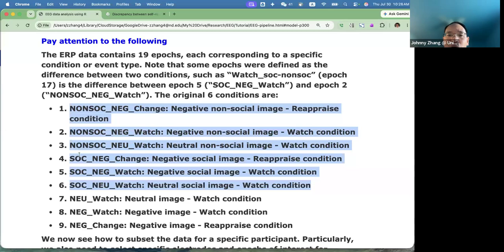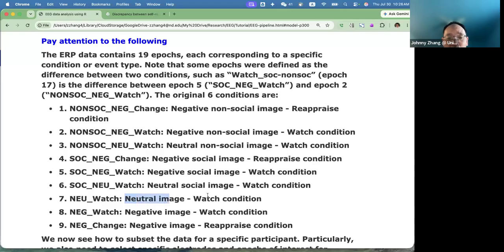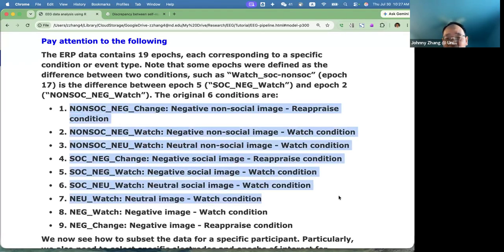But they also calculate the epochs for other event conditions, for example, neutral image watching only, negative image watching only. Basically, it's a combination of the previous results: a combination of watch conditions, a combination of non-watch appraisal conditions. For our analysis here, we should only focus on this.